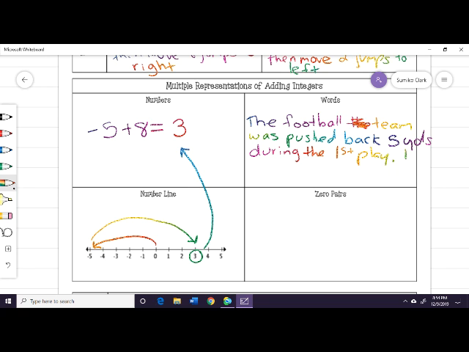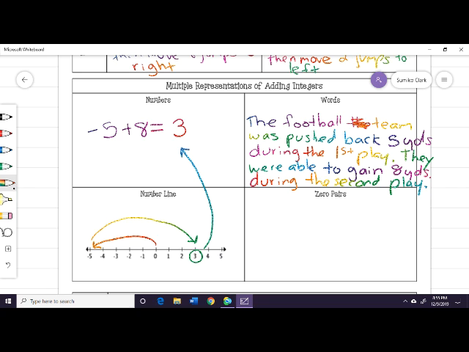Sad, but they were able to gain, so have a positive 8 yards during the second play. So the net result, the overall result, was that they gained 3 yards.